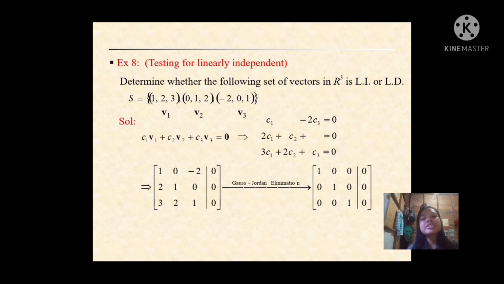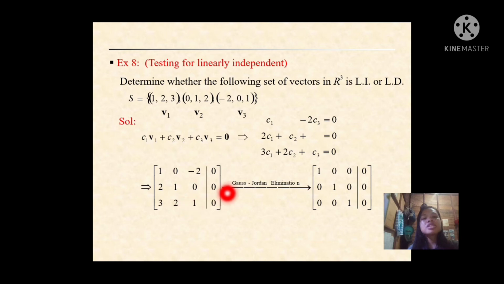For this matrix, 3 by 4, it has 3 rows and 4 columns: 1, 0, negative 2, 0; 2, 1, 0, 0; 3, 2, 1, 0.